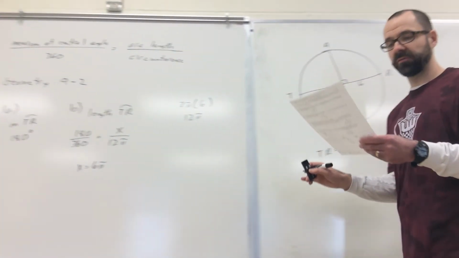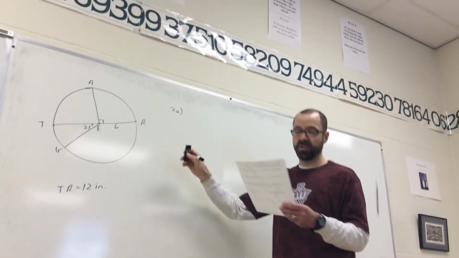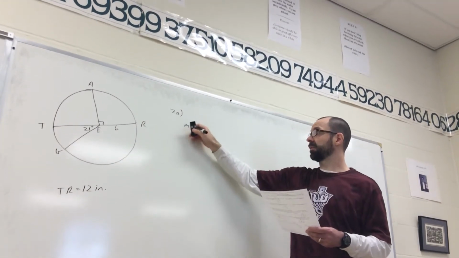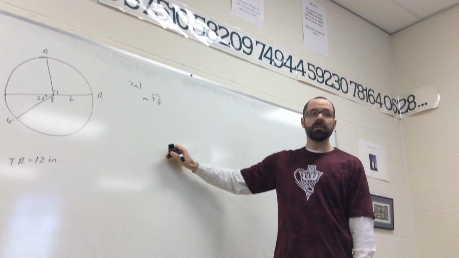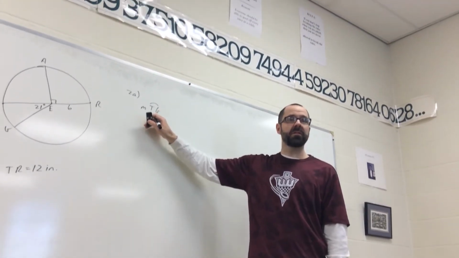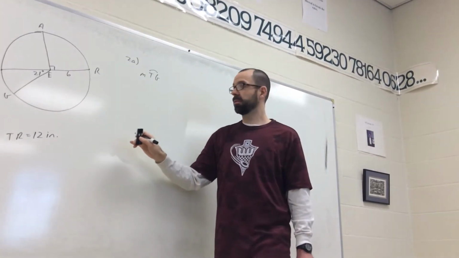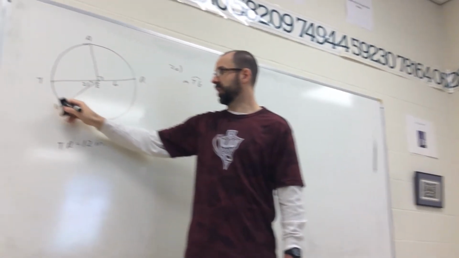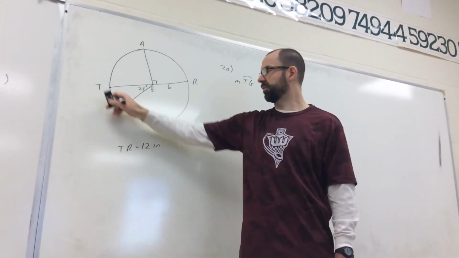All right, for number 2, it wants to know the measure of TG. So now we're changing, and we're looking at a different arc. Now we're looking at TG. So what's the measure of TG?